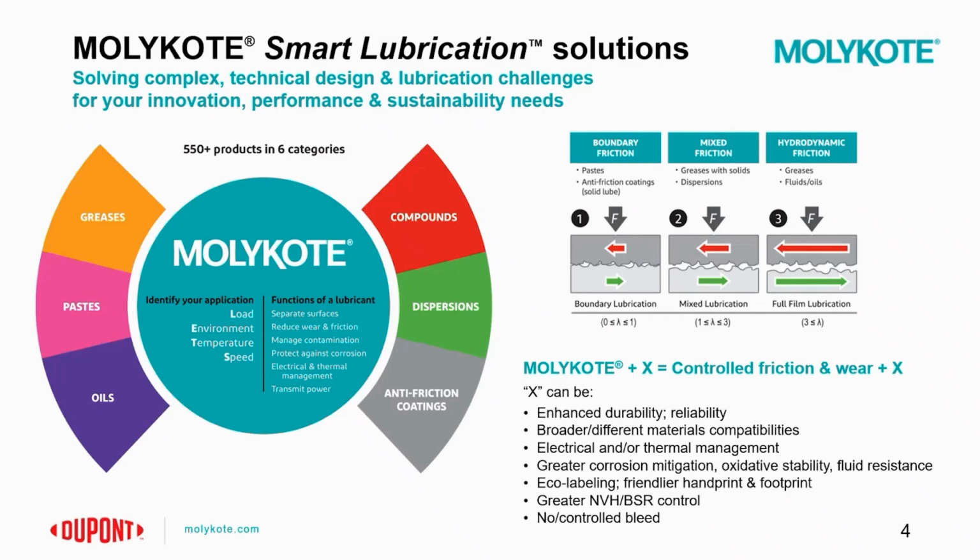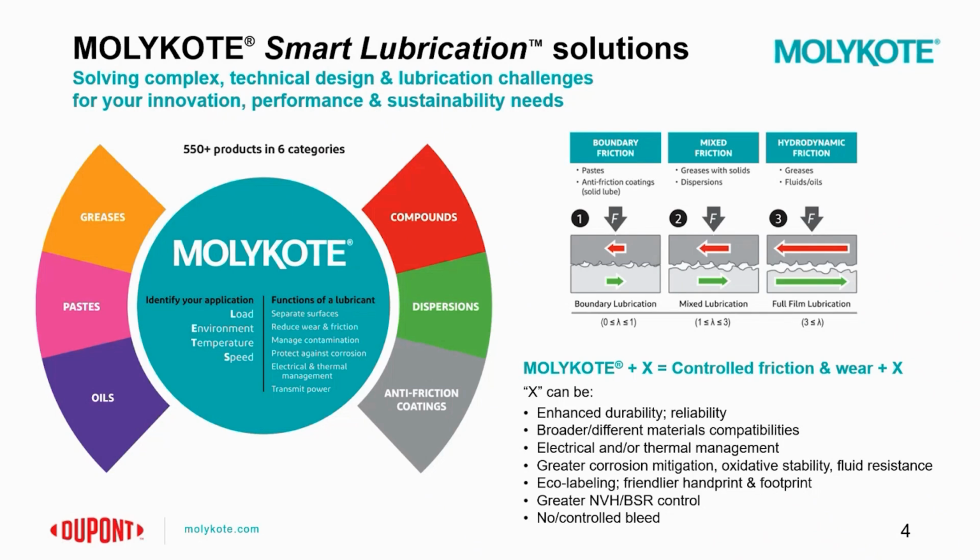You could also have a mixed friction regime, which is a mix of both boundary friction and hydrodynamic friction regimes. In those cases, you could lean either towards a grease with solids, so something with a lot of high tack to it, which we sometimes refer to as grease pastes within the portfolio, or a dispersion, which are usually solid polymeric additives suspended in high purity solvents to form almost like a semi-dry type film.